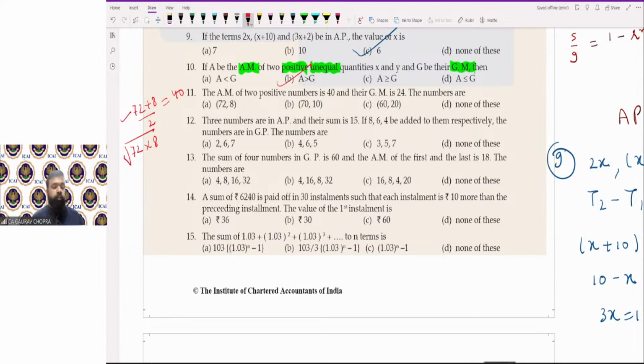It will be 24. So therefore, option number A is correct.